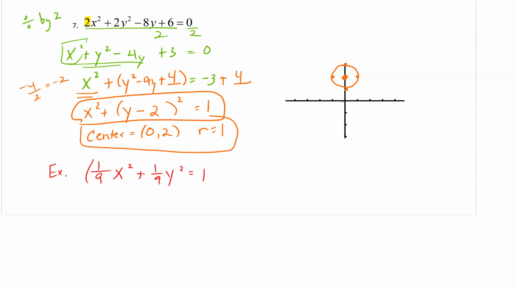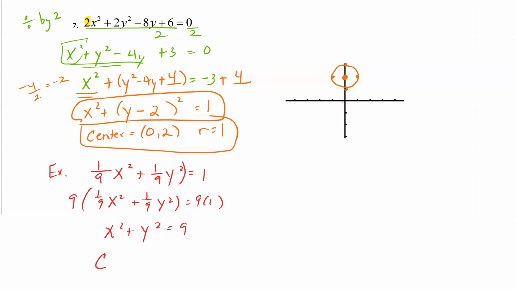So what I'm going to do is get rid of the fractions and multiply both sides of my equation by 9. I'll write this in a separate step so it's a little bit easier to see what I'm doing. I got 9 times 1/9 x squared plus 1/9 y squared equals 9 times 1. And when we distribute, we get x squared plus y squared is equal to 9.